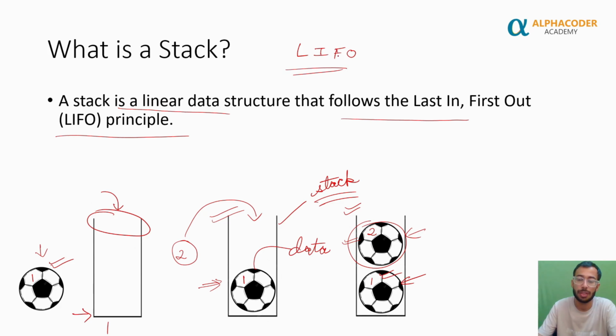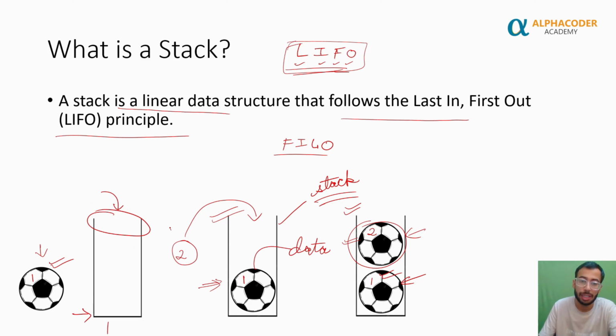Last in first out is nothing but a concept where you can see the full form: last in first out, LIFO, or some people call it first in last out. Again, the same thing. Let me explain last in first out. See what it means from the perspective of this one-sided pipe and ball analogy.